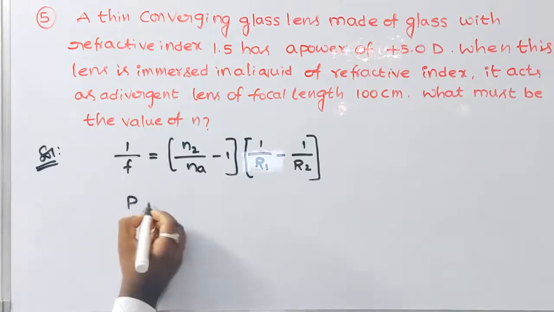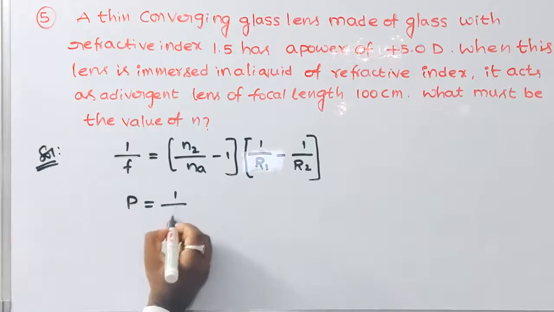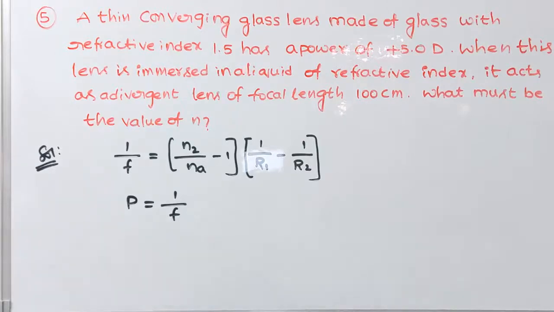The power of a lens P is equal to 1 by f, 1 by focal length.